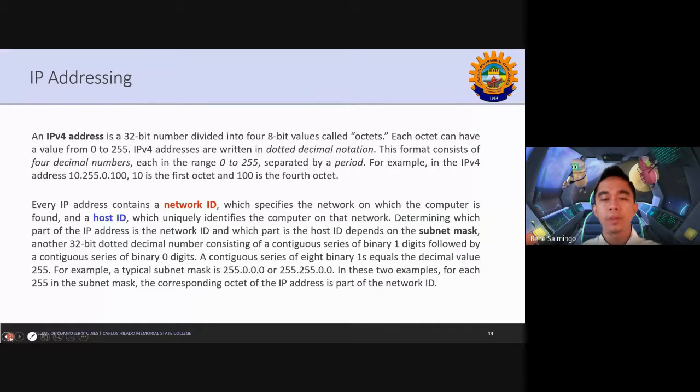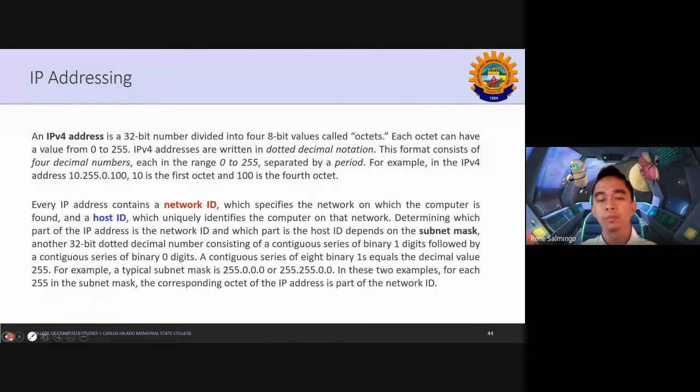Now we will have a contiguous series of binary digits 1 followed by a contiguous series of zeros. Take note, we don't have a subnet mask like 1010101, but we have a contiguous series of ones, so all should be in the 255. So what is the value of 255?